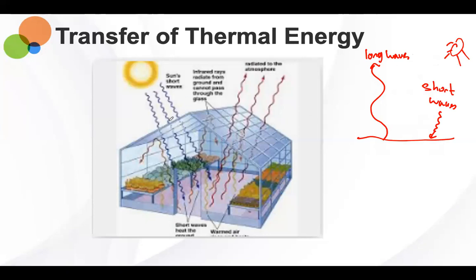Now what this does is short waves come through the glass here, and it hits the ground and the other plants in here, right? Essentially it hits it, and what happens is that long waves are therefore trapped because of the glass. The glass can direct heat.